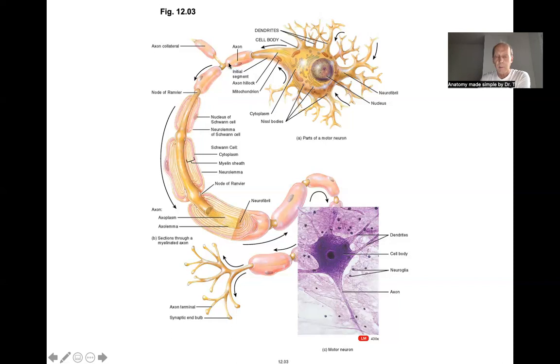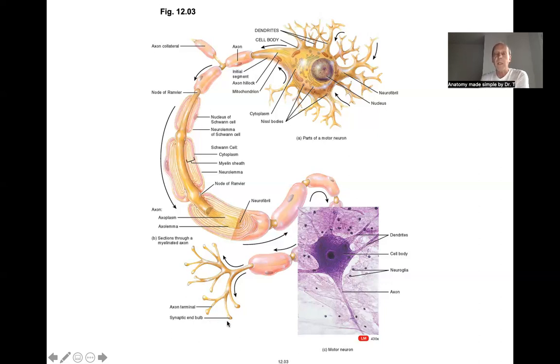The axon is illustrated here quite properly with some sideways directed branches, which means that the axon is going to influence more than one cell. Either it's going to do so through multiple collateral branches, or at its very end, or at the end of each individual branch, it'll form an axon terminal with slightly distended ends that are called synaptic end bulbs.